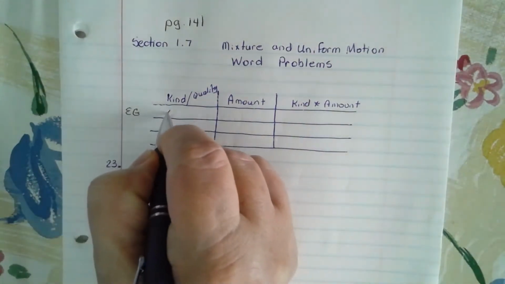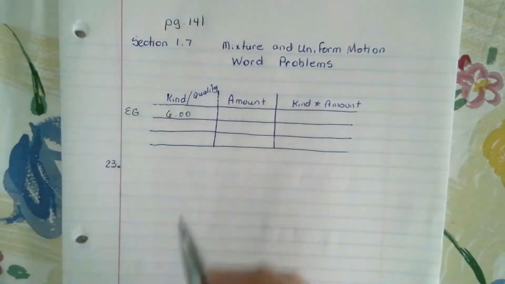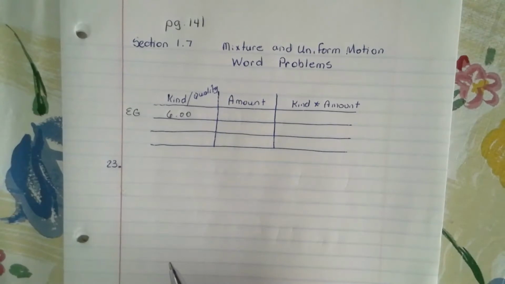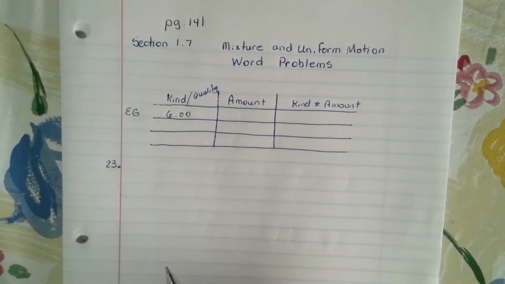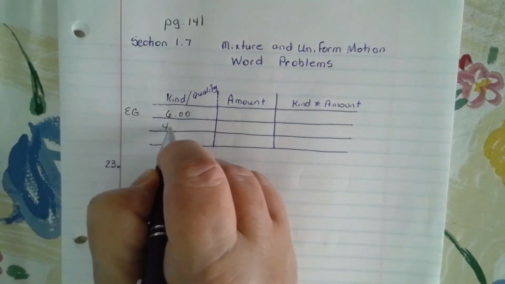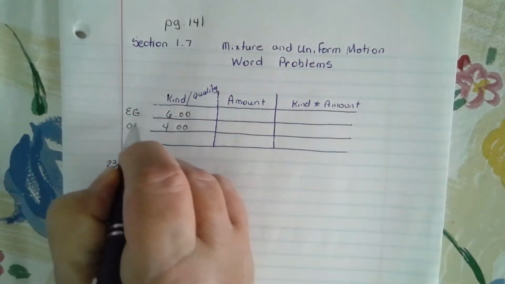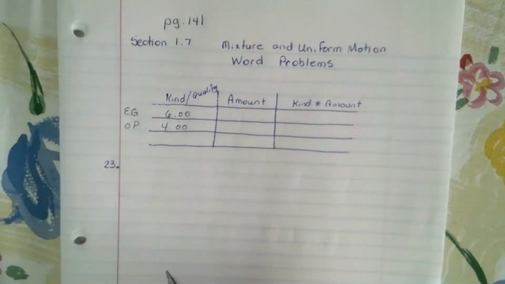So I'm going to put $6 per pound right here. And they want to mix that with some orange pekoe tea that sells for $4 a pound. So that's my orange pekoe. And they want to end up with 100 pounds of the new blend.